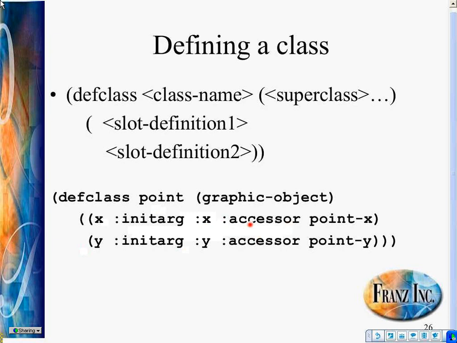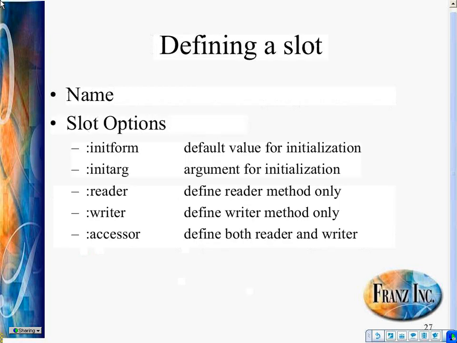Another typical thing you specify for a slot is the accessor, which is the name of the function which will access the slot value or set the slot value when used with setf. So here we have, again, our class, well, this is point rather than position, but we have an x and y. They both have an init arg, and they both have an accessor called point-x and point-y.